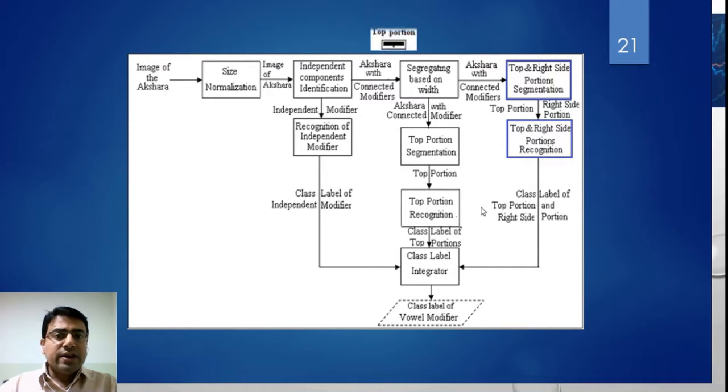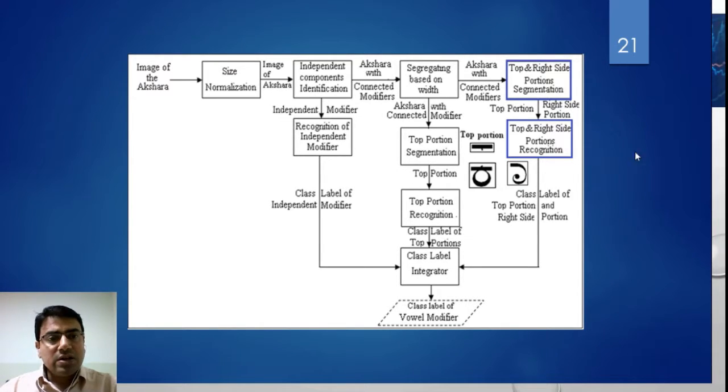Then the right side portion and the top portion segmentation is carried out, resulting in three different portions: the top portion, the middle portion, as well as the right side portion. The top portion and right side portion are further recognized using an artificial neural network.